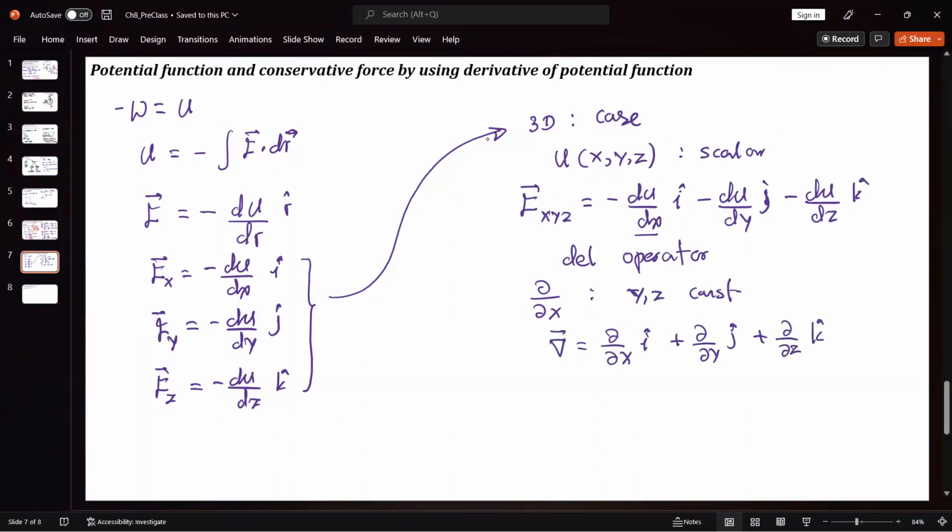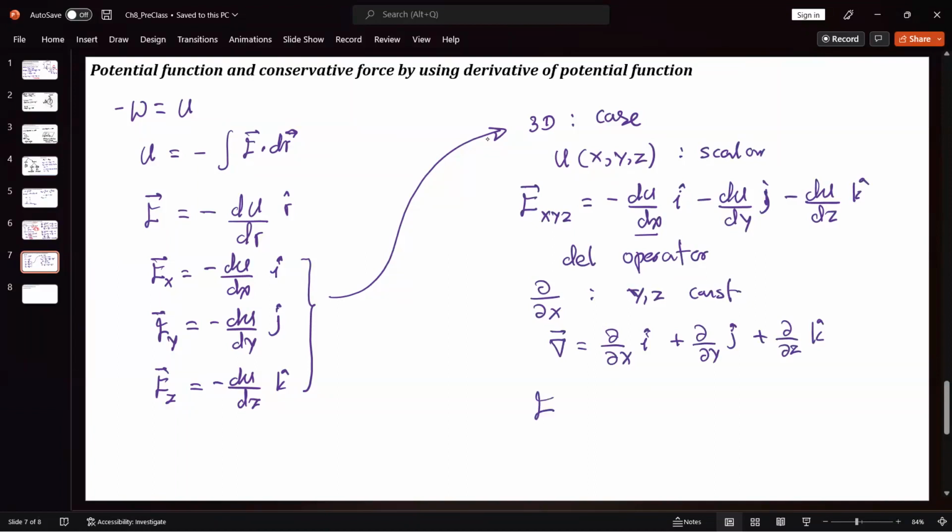This partial means it's the same as d over dx, but we write it as partial because when I do du over dx, the other two stay constant. The other two can also change, but at any given moment we treat them as constant.